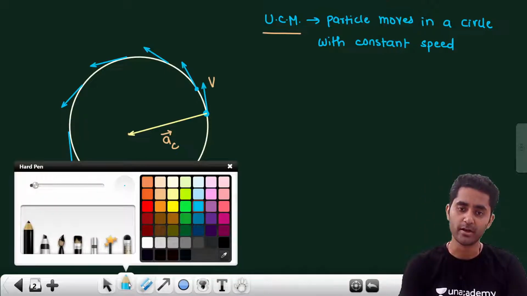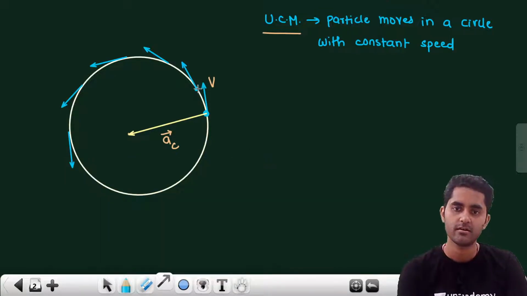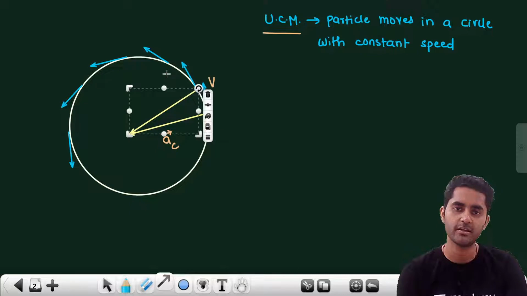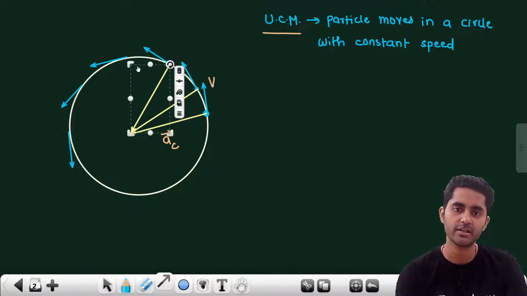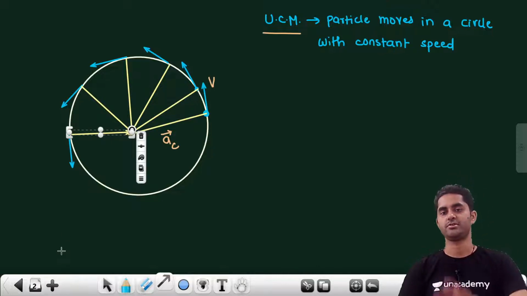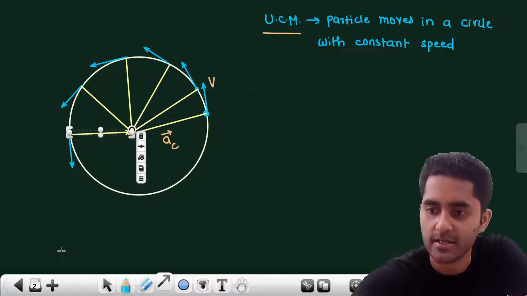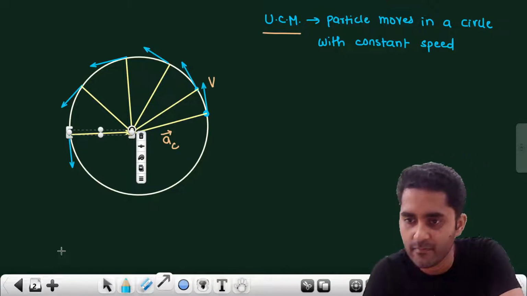Then at every point the centripetal acceleration will be there towards the center. This centripetal acceleration is responsible for changing the direction. It's actually centripetal force, and because of that there is centripetal acceleration towards the center at each and every point.